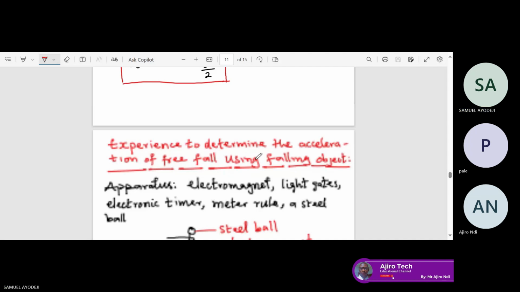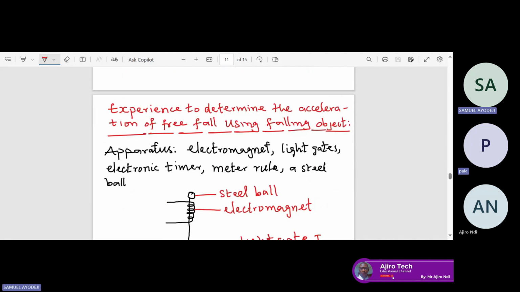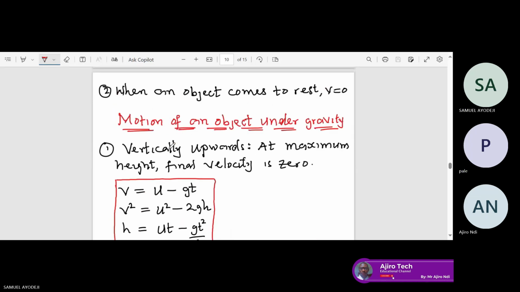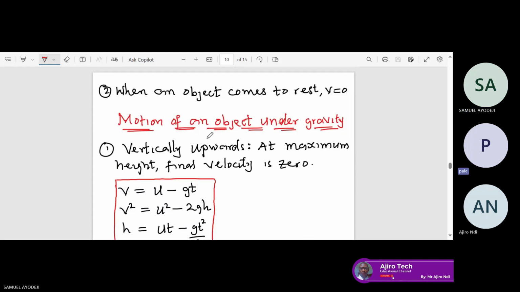Now, how do you determine the sign? You said if it's downwards, it's positive. Vertically upwards, then it's negative. That's because g is negative, so the formula becomes negative.